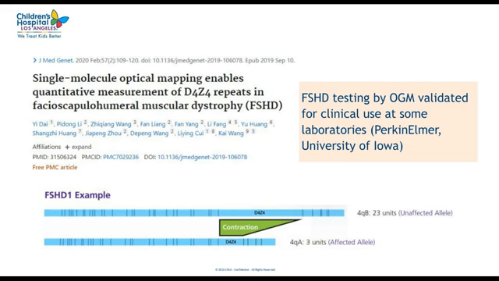Before optical genome mapping, the only way to detect this abnormality and make a diagnosis was Southern blot. But optical genome mapping allows us to very clearly visualize these contractions of repeat arrays. And so now there are already clinical laboratories that have validated testing for this disorder using optical genome mapping.